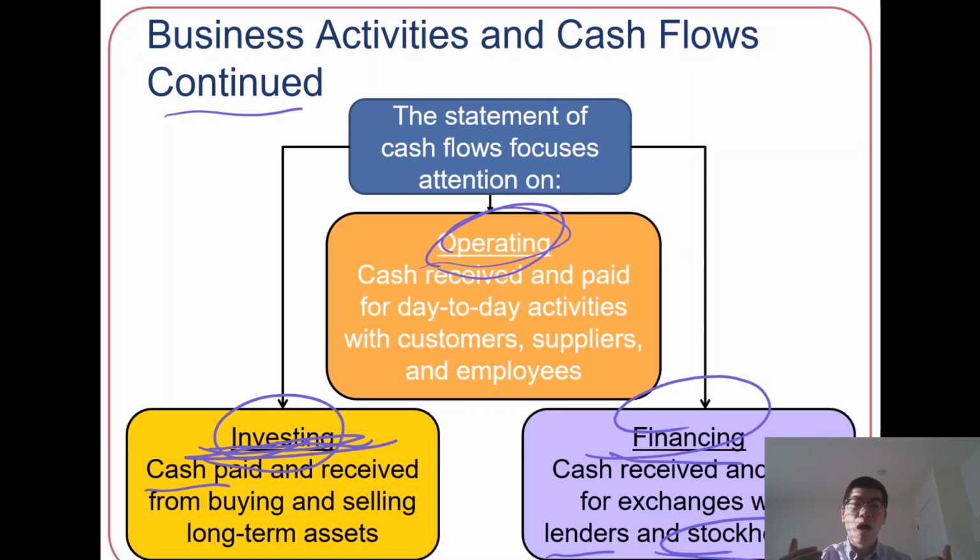And that process, the issuing stock process, the company considers a financing activity. Other than that, if companies are running short on cash, they borrow money from lenders and some other credit agencies, and those activities are also called financing activities.